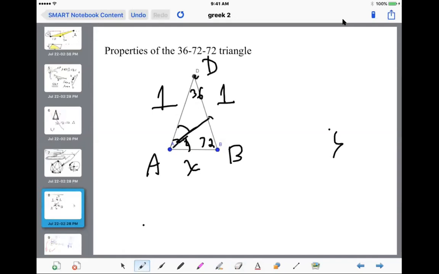And let's just throw this guy in, we'll call him C. That angle bisector has split our 36, 72, 72 triangle into two triangles. An obtuse triangle and an acute triangle.